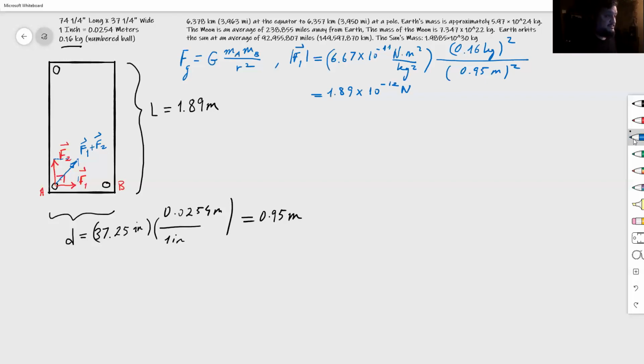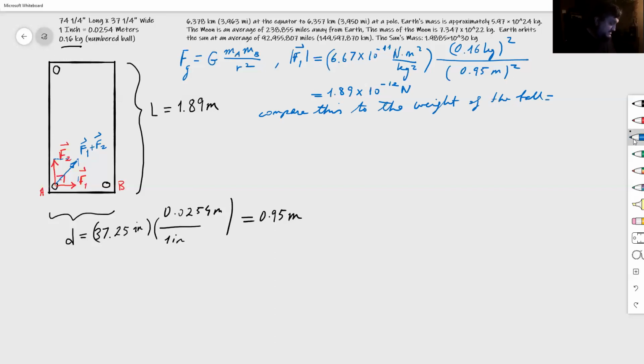Now compare this to the weight of the ball, which will be m times g, right? G is 9.8, so 9.8 times 0.16.